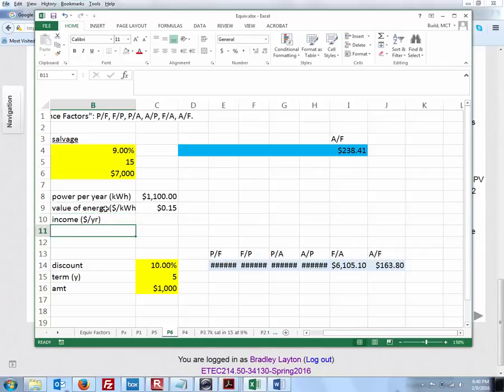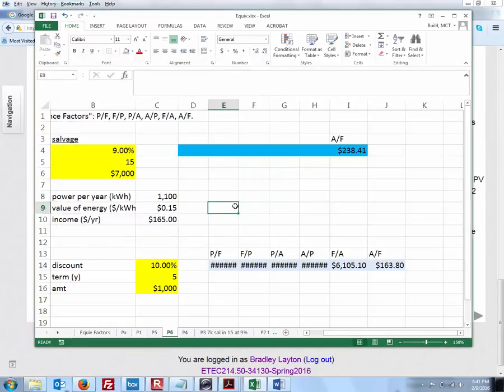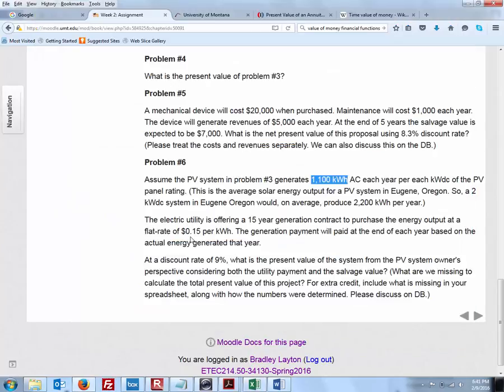We've got power per year, dollars per kilowatt hour, dollars per year, equals that times that. So that's a number. Don't need the decimals. So 165 bucks per year of income.